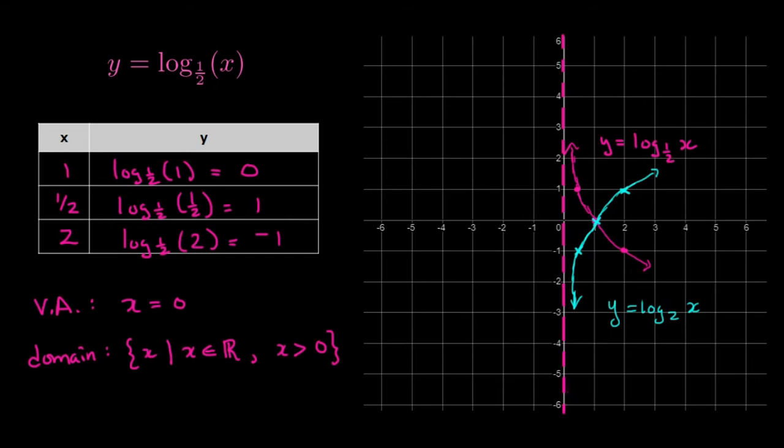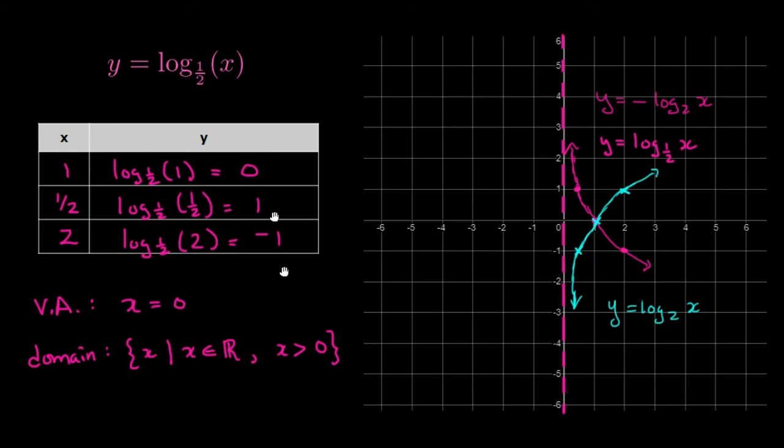So that would mean if we reflect log base 2 of x across the x-axis, apparently it's mathematically equivalent to log base 1/2 of x, and that is a little bit confusing. Let's just make sure we record it up here. That would mean if I take base 2 log of x and put a minus in front, I will reflect it across the x-axis, and all those ordered pairs will coincide with the ordered pairs we got when we graphed log base 1/2 of x.